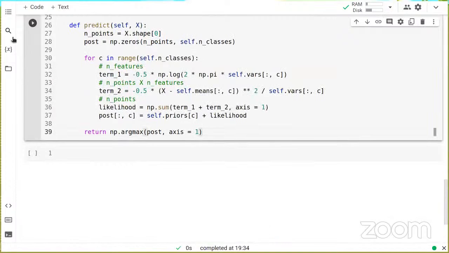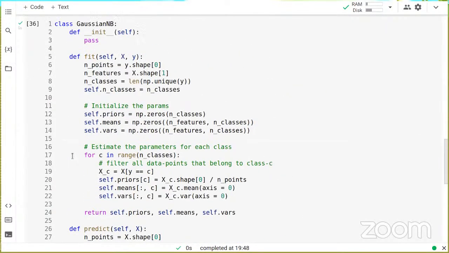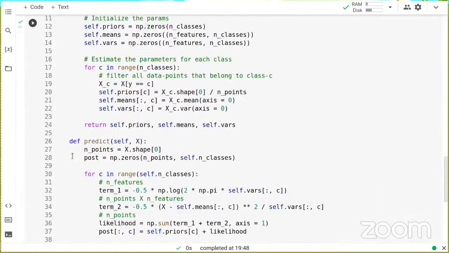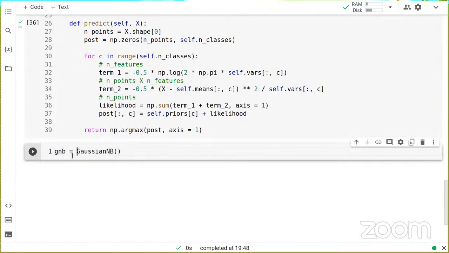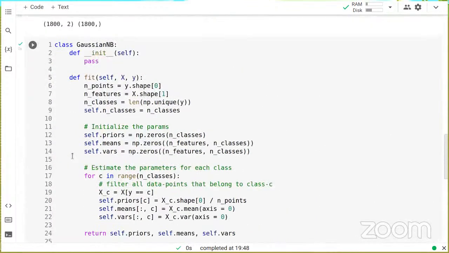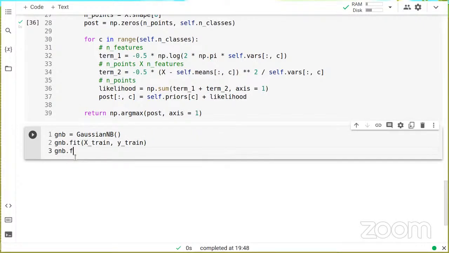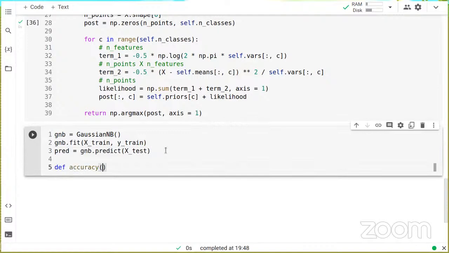Once we have defined the class, we can now create a Gaussian Naive Bayes, GNB, and call GNB.fit on X train comma Y train, and GNB.predict on X test. These are the predictions. Now let me also write one accuracy computation.